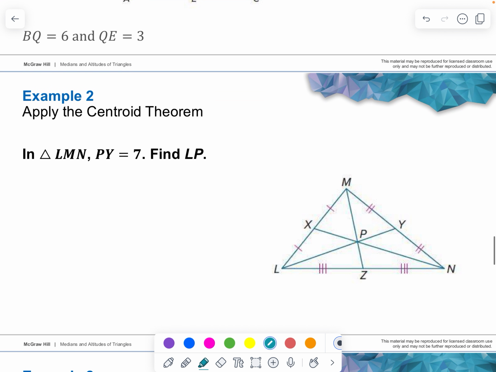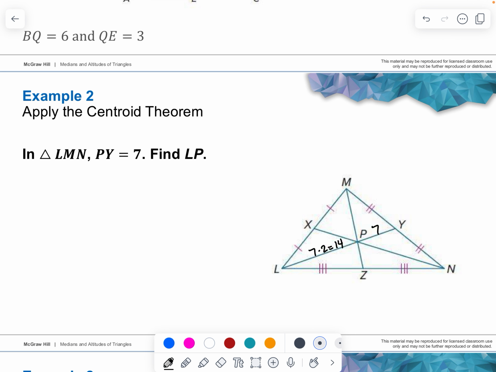All right. Now, in triangle LMN, they tell us that PY is 7. Can we find LP? Well, we've already seen what happens with that when we were looking at that other program. Kind of handy. If this is 7, this is going to be 7 times 2.